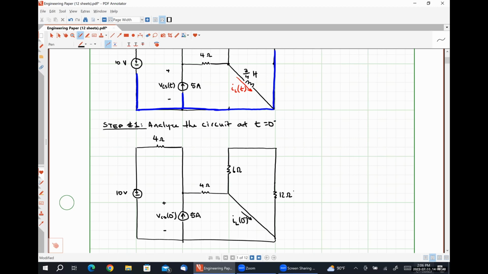But what we really are concerned with is the fact that we have this short circuit here representing our inductor. So effectively, the 6 ohm resistor and the 12 ohm resistor should not contribute to anything. So I am going to just put X's here to indicate that they are effectively shorted out by the inductor and won't contribute to anything.